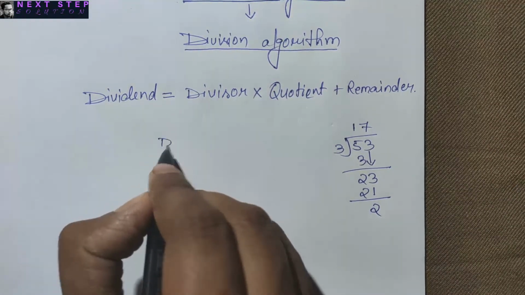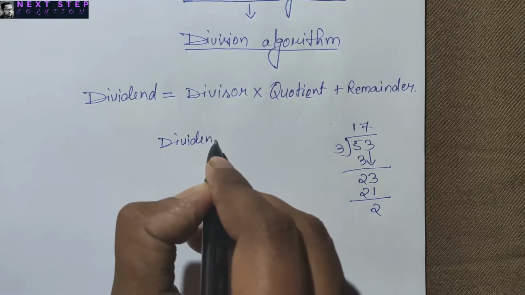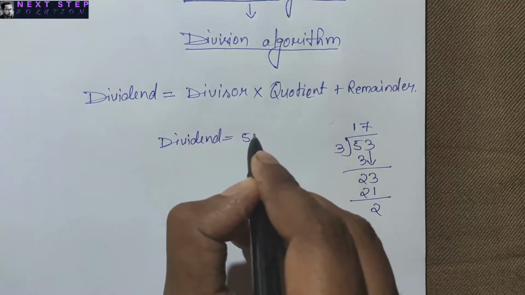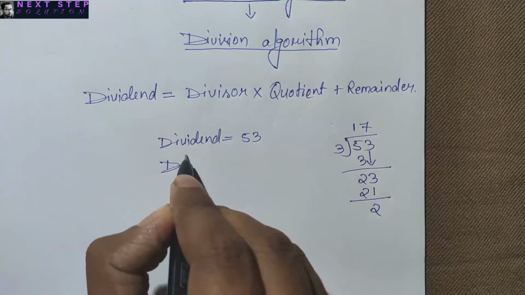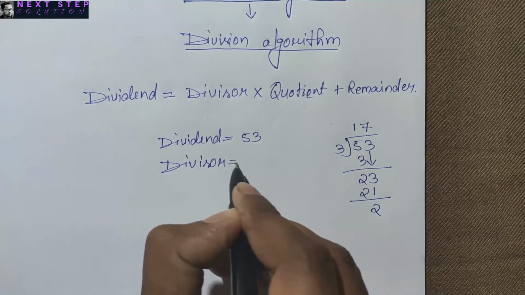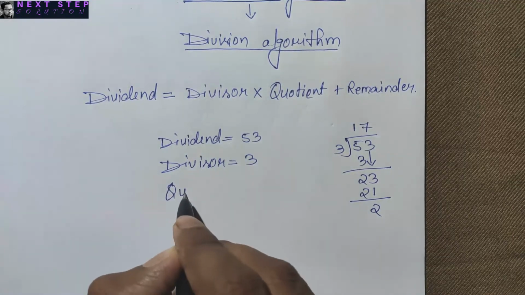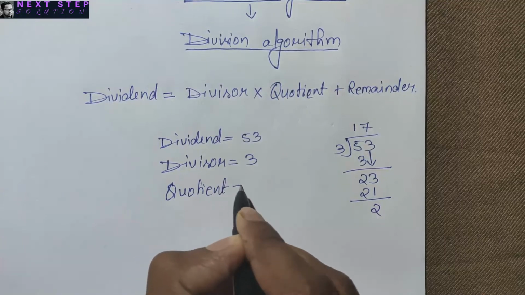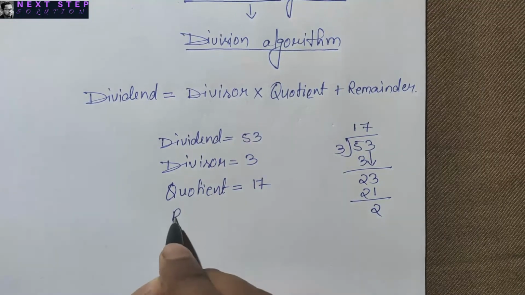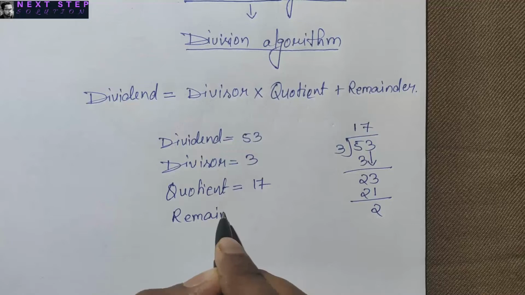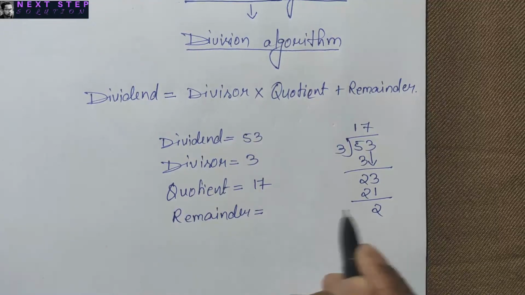Here we have dividend equals 53, divisor equals 3, quotient equals 17, and remainder equals 2.